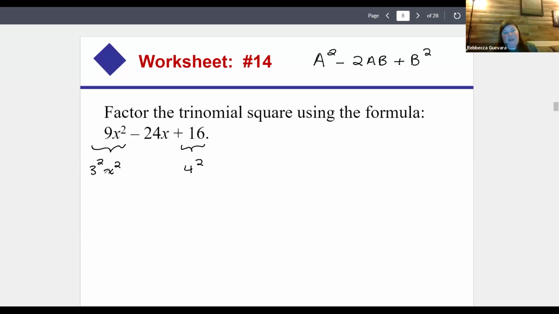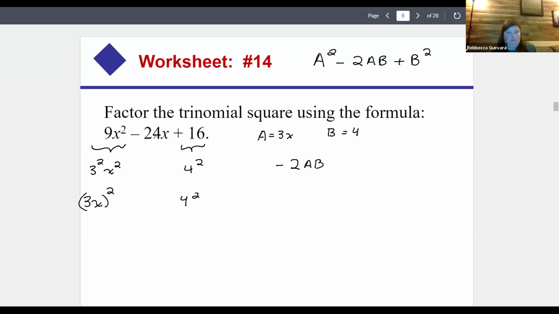So we can rewrite this side as 3x squared. Now we've decided that a is going to be the 3x and b is going to be the 4. We want to know, is this middle term going to end up being a negative 2ab?